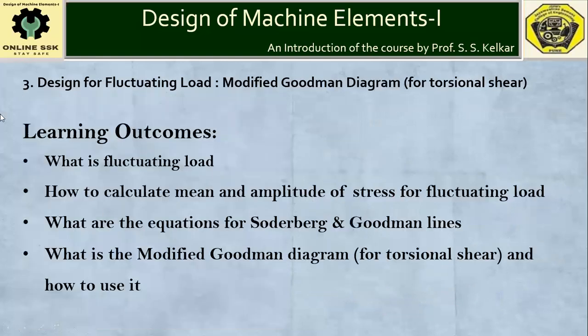So in this video tutorial, we have again gone through what a fluctuating load is, and how to calculate the mean and amplitude of stress for a fluctuating load. If the load is torsional, it will induce torsional shear stress inside the machine part. We have also seen the equations of the Soderberg and Goodman lines, and what the modified Goodman diagram for torsional shear is and how to use it.